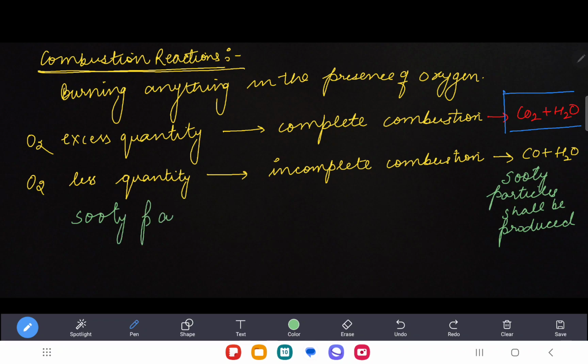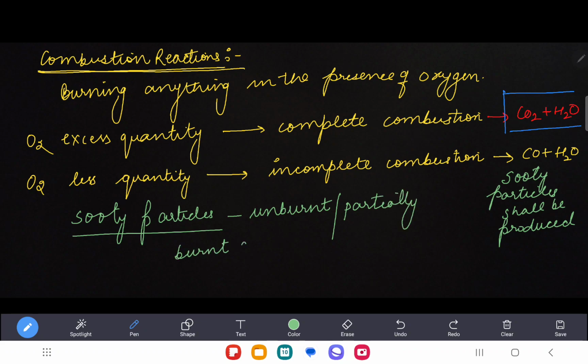The sooty particles are unburnt or partially burnt carbon particles. Okay.